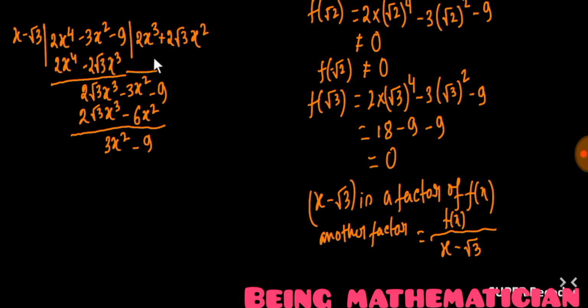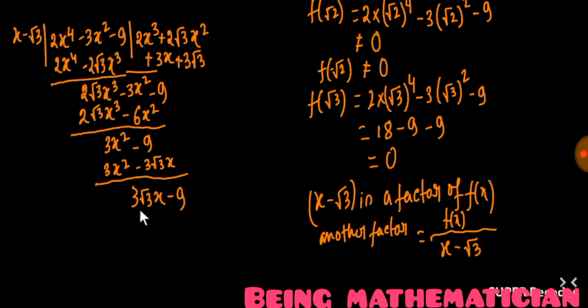So now we take 3x. So 3x square minus 3 root 3 x, so it will be 3 root 3 x minus 9. So obviously we take 3 root 3.